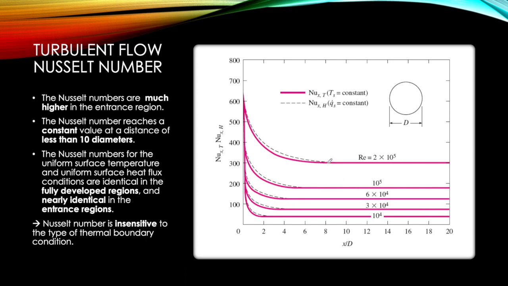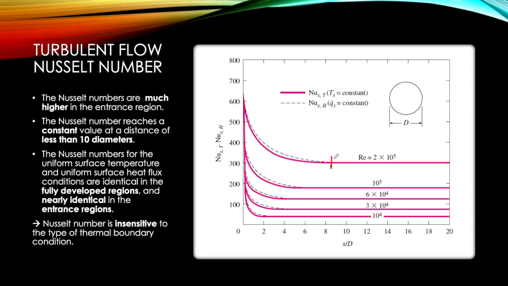As we can see here, as it approaches the length of 8 for this number 1, Reynolds number 2 times 10 to the power of 5, we can see that the Nusselt number is constant when it reaches a certain region.